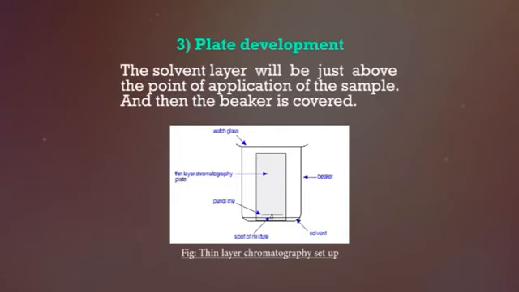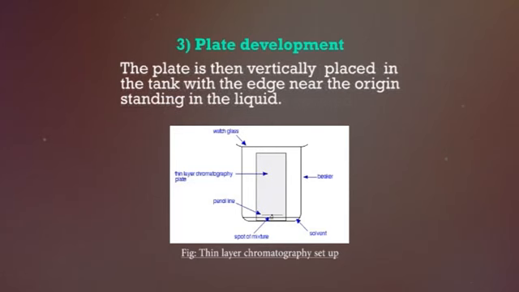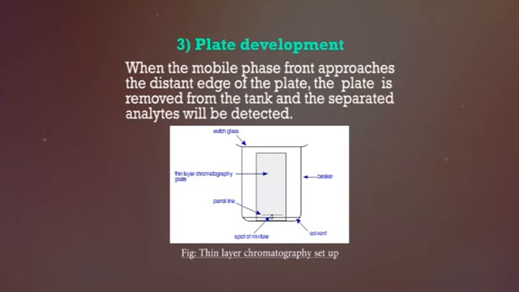The solvent layer will be just above the point of application of the sample, and then the beaker is covered. The plate is then vertically placed in the tank with the edge near the origin standing in the liquid. When the mobile phase front approaches the distant edge of the plate, then the plate is removed from the tank and the separated analytes will be detected.